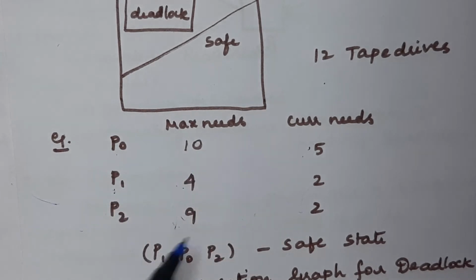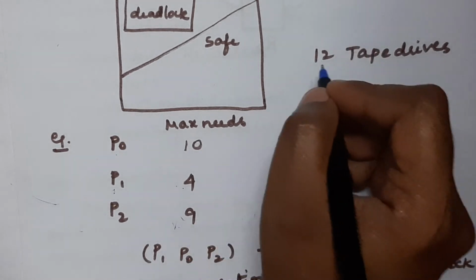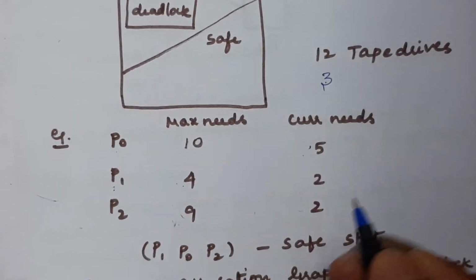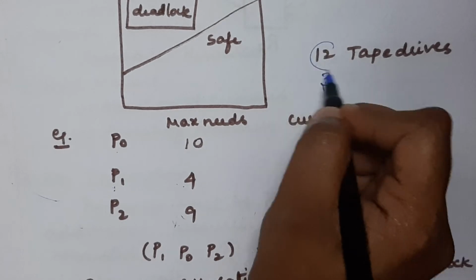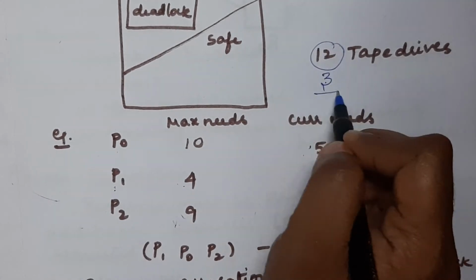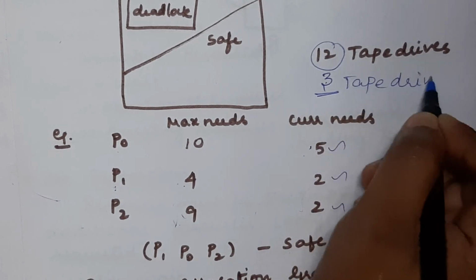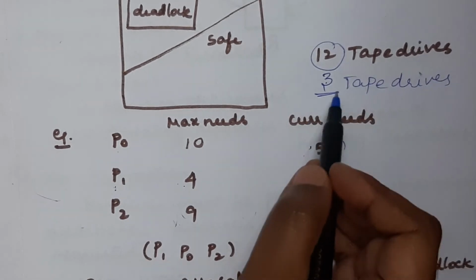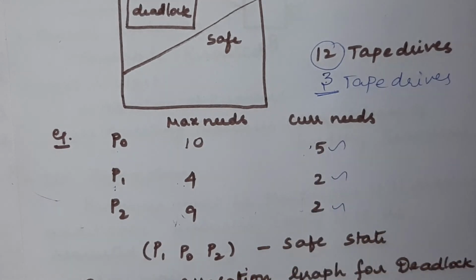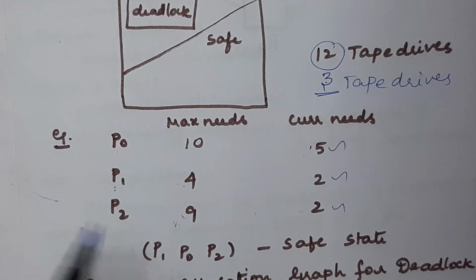Now the remaining number of tape drives is 3, because in this 12 we have allocated 5 plus 2, that is 7, plus 2, 9. So the remaining 3 tape drives are available. Now in which order should it be executed? That is the second step.